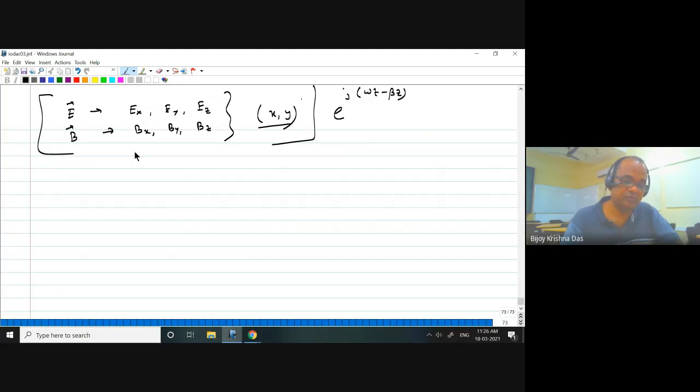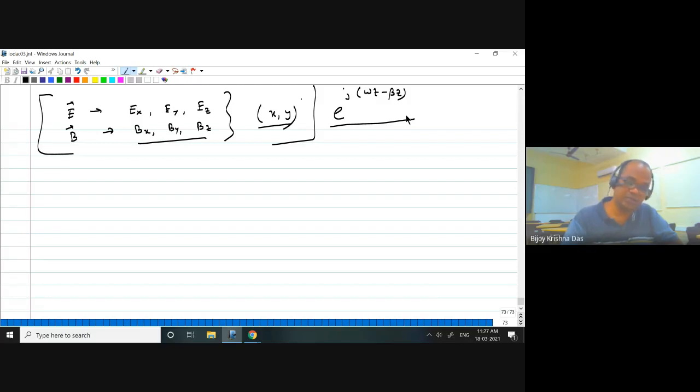So I will have 6 components, 3 electric field components and 3 magnetic field components. Each of them will have an individual distribution in xy, but because they are part of the same mode, the same solution, they should travel with the same phase velocity. So we consider omega t minus beta z like this. Clear, right?